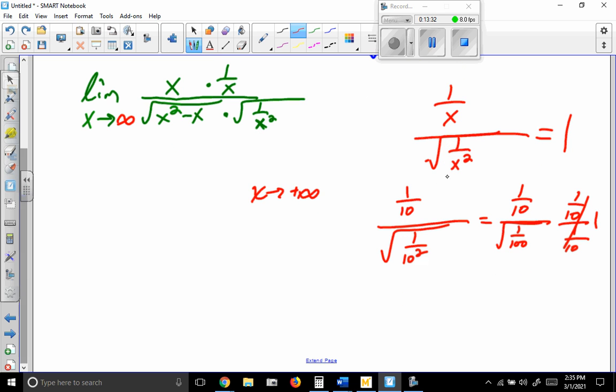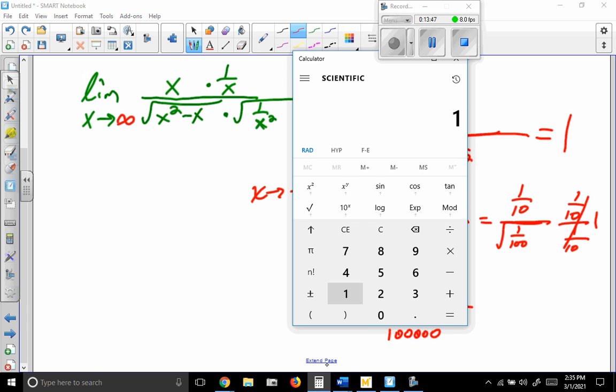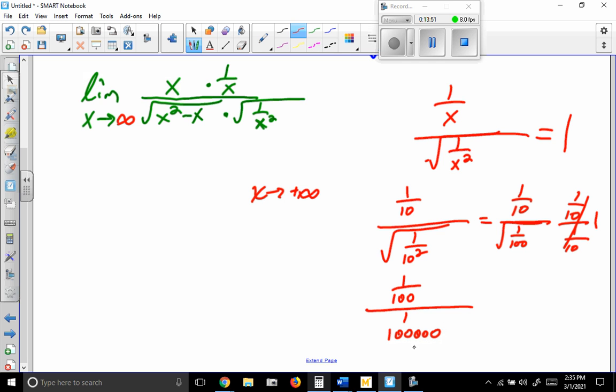If we put in 1,000, we'd have 1 over 1,000 on top. 1,000 squared would have 6 zeros, so that would be 1,000,000. Let's double check. 1,000 squared is 1,000,000.